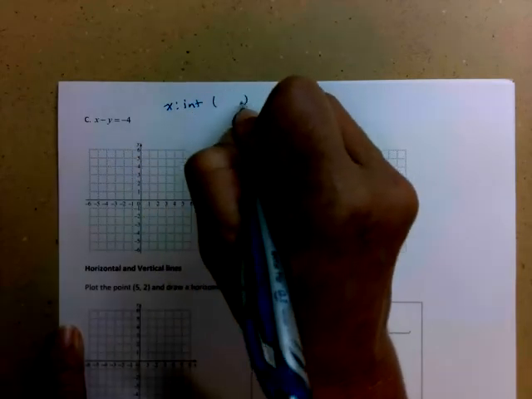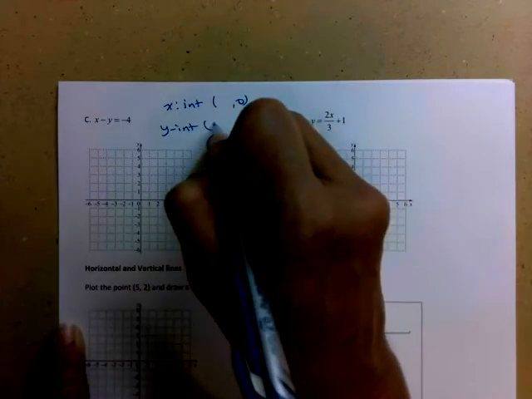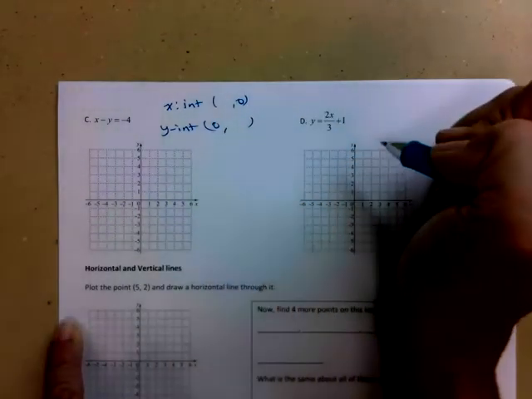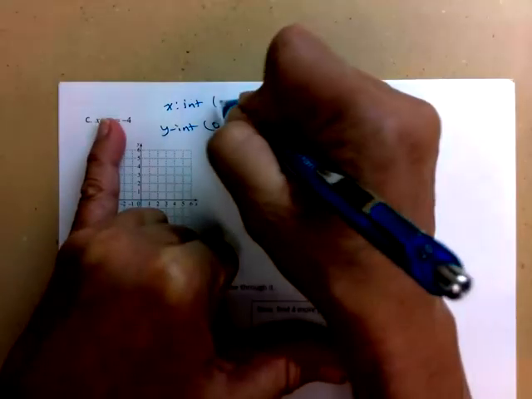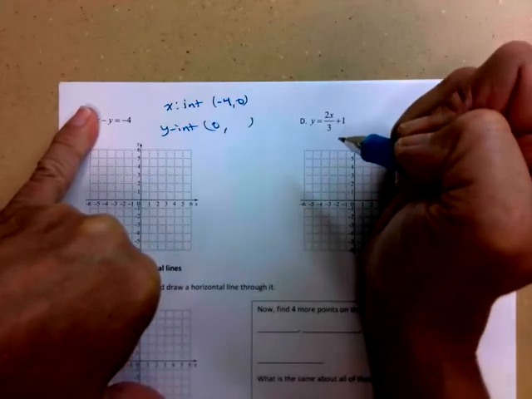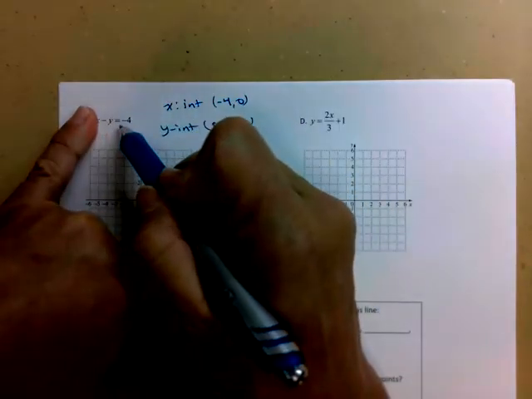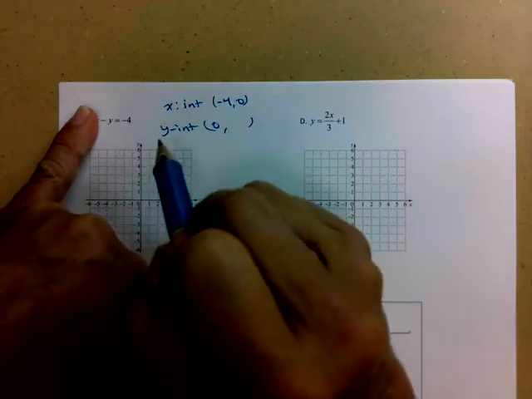So x-intercept, 0 for the y; y-intercept, 0 for the x. 0 for the y tells me x is negative 4. 0 for the x tells me y is, oh, so I have negative y equals negative 4, right? But I don't want negative y, I want positive y.